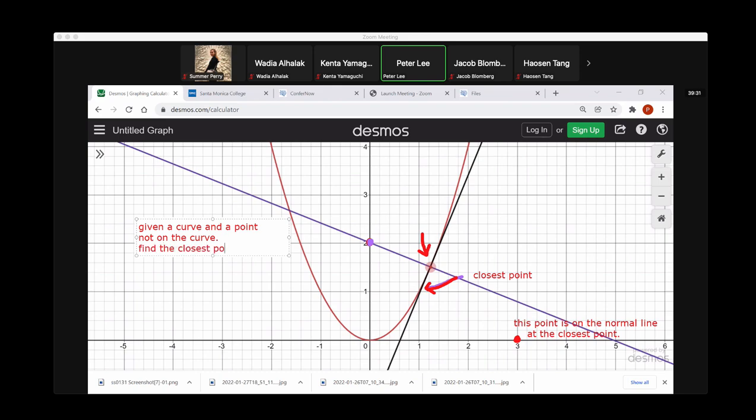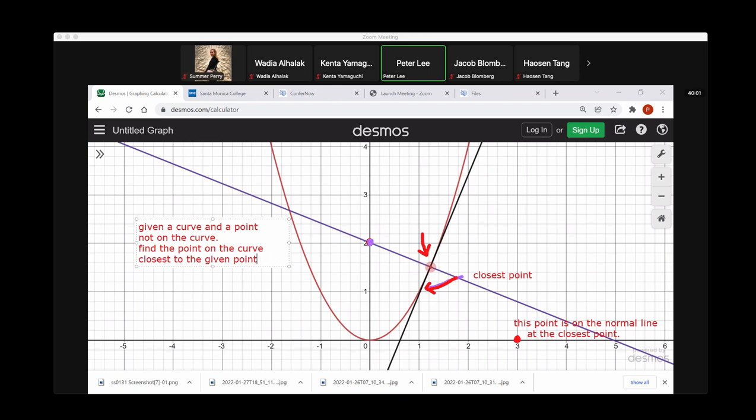Find the point on the curve closest to the given point. The given point is not on the curve, of course.